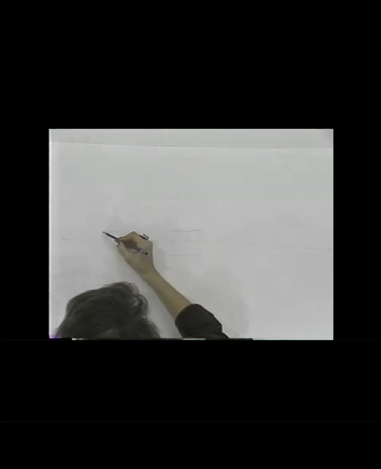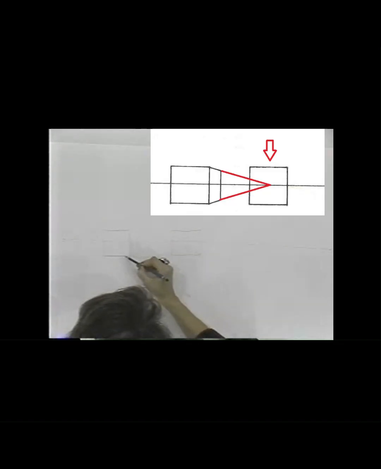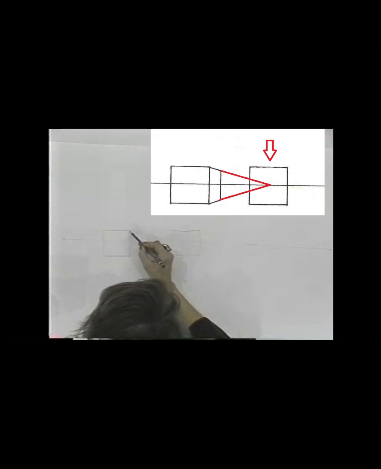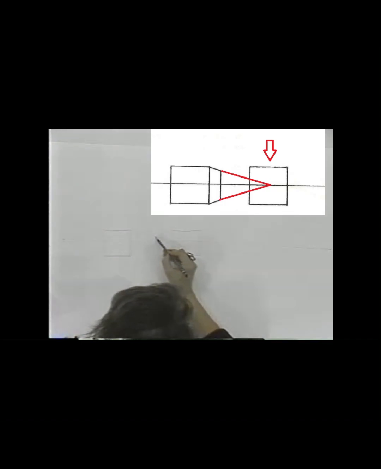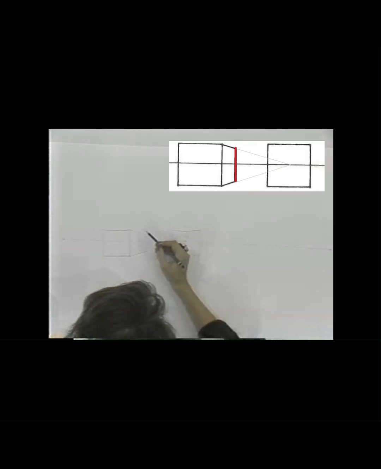On the picture, here's the front side. Here's the side, and we draw the top side and the bottom side converging into our vanishing point. And here we can draw one more vertical, and we see the side.